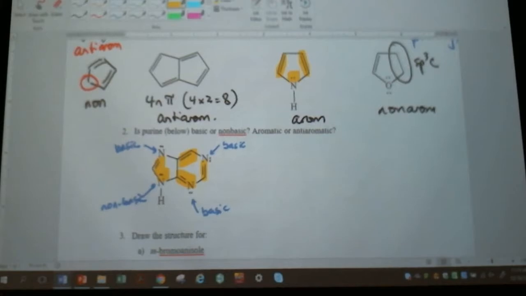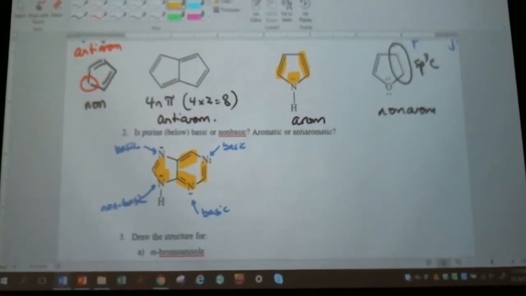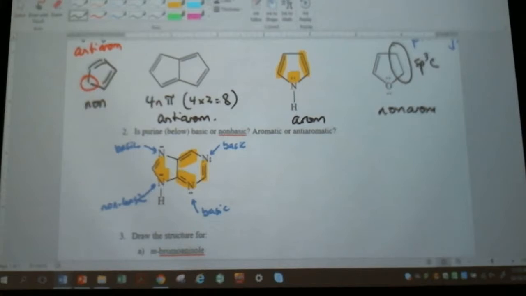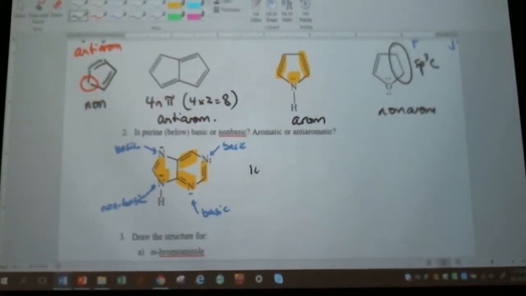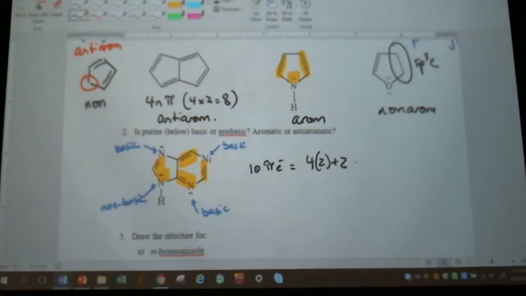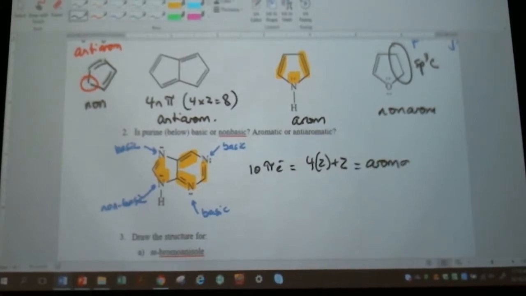We have all atoms in here sp2. We have a continuous array of p orbitals. And how many pi electrons? 10 pi electrons. That is 4 times 2, 8 plus 2, 10. This is aromatic.